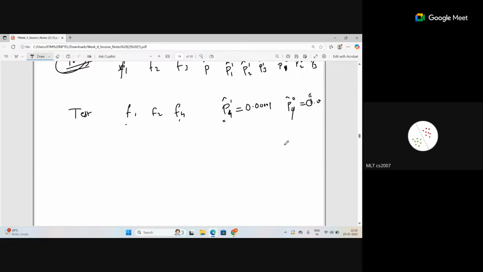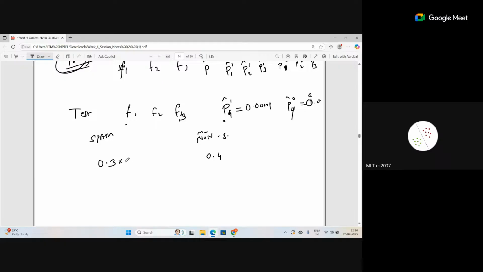Now is it possible for you to compare these two things, spam and non-spam? I'll tell you how. Suppose if this word was not there, the probability was coming out to be 0.3 for spam, and for non-spam it is coming out to be 0.4, only considering features F1, F2, F3.